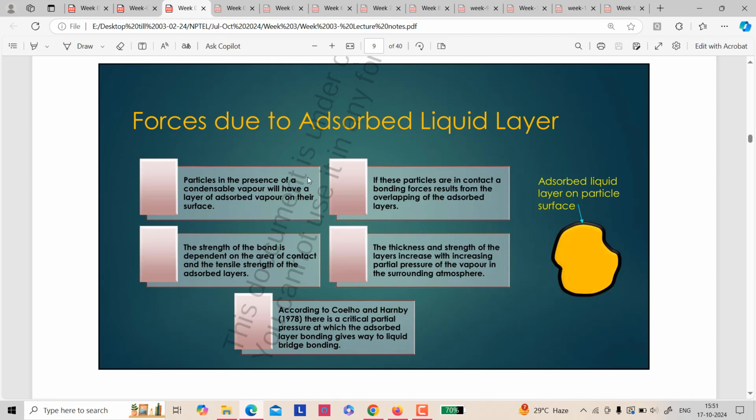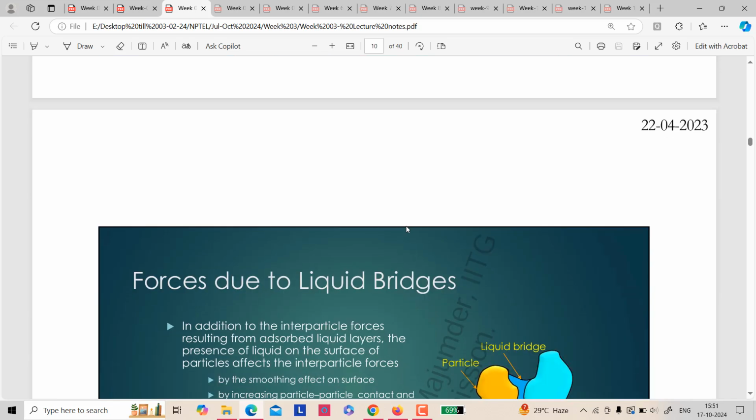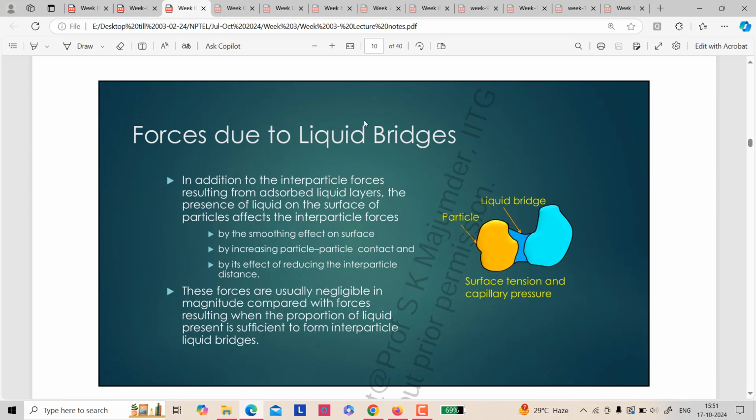Now forces due to absorbed layer. A liquid layer can be absorbed on the surface of a particle, so that is called forces due to absorbed liquid layer. Liquid bridges can form between the particles. In addition to the interparticle forces resulting from the absorbed liquid layer, the presence of liquid on the surface of particles affects the interparticle forces.